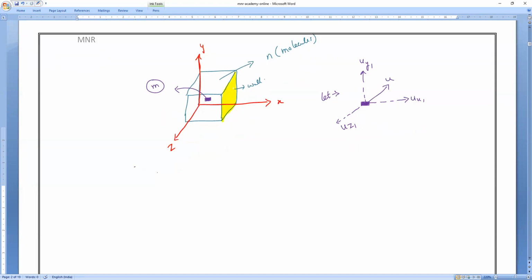Now let us consider this particle starts moving with the velocity ux towards a wall.